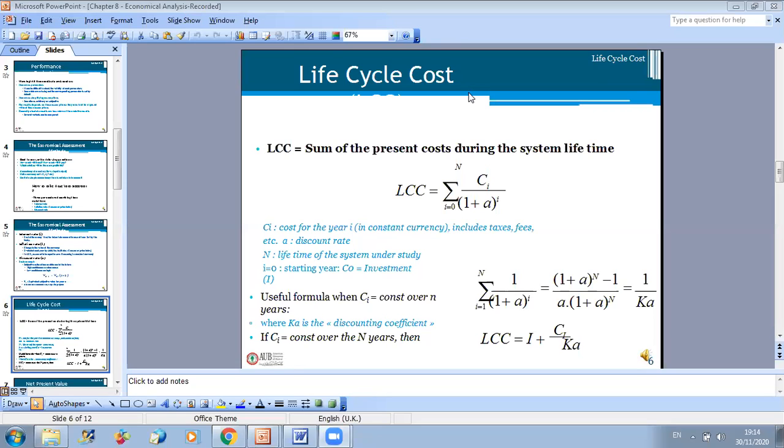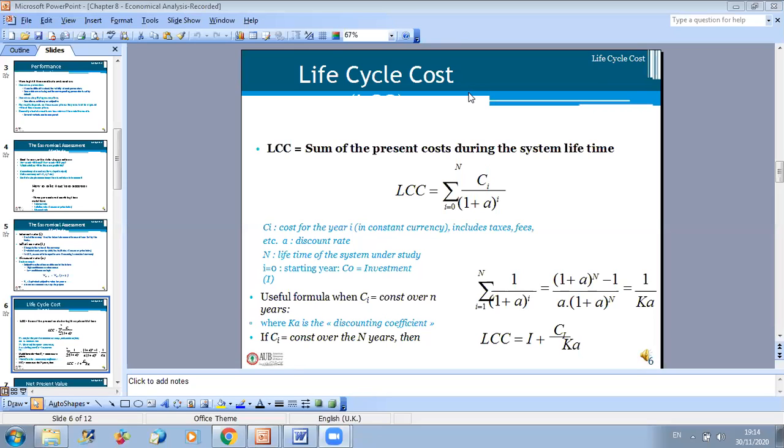So I divide the cost by 1 plus A to the power i, where i represents the number of years. For the first year, i is 0, so I just consider the initial investment. So here, if I take year 0, what do I get?